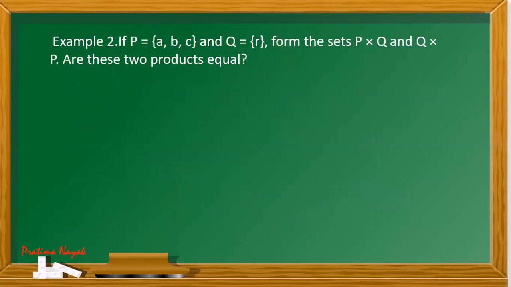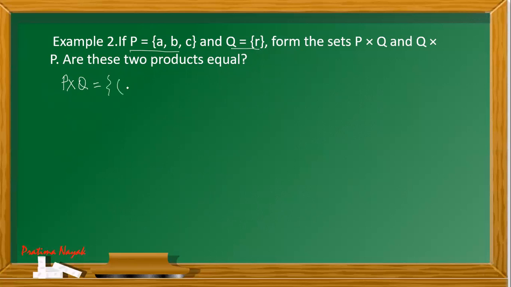Next, example 2. If P is {A, B, C} and Q contains only one element R, form the Cartesian products P cross Q and Q cross P. Now are they equal? I hope you can write now. You can pause the video, write it yourself, and compare.